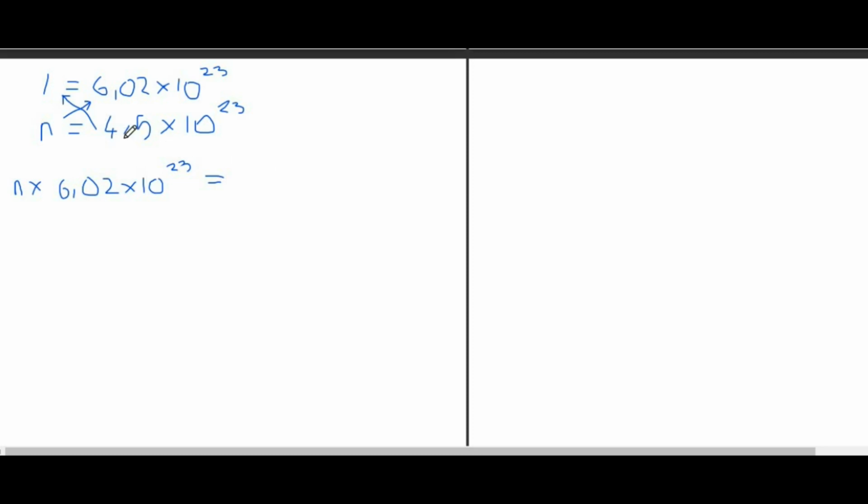Any number multiplied by 1 is just going to be that number. So on the other side of my equation I'll have 4.5 multiplied by 10 to the power of 23.